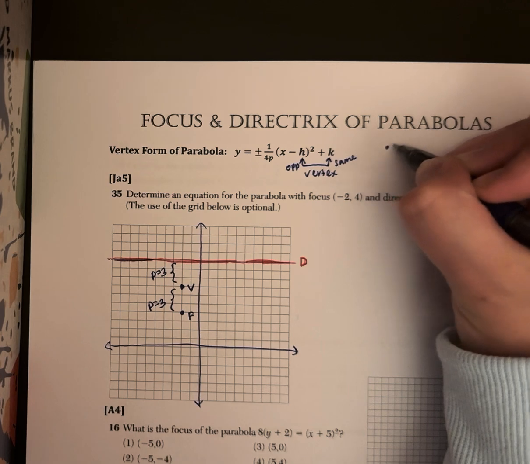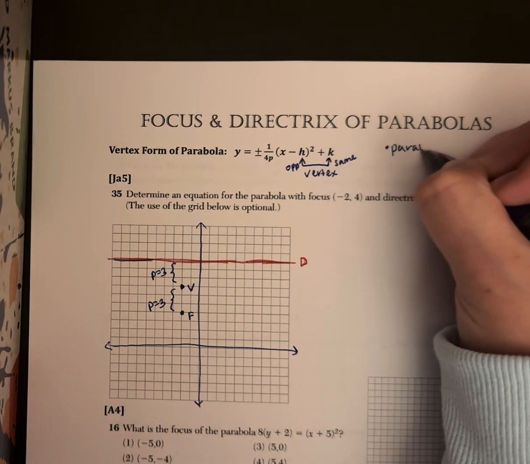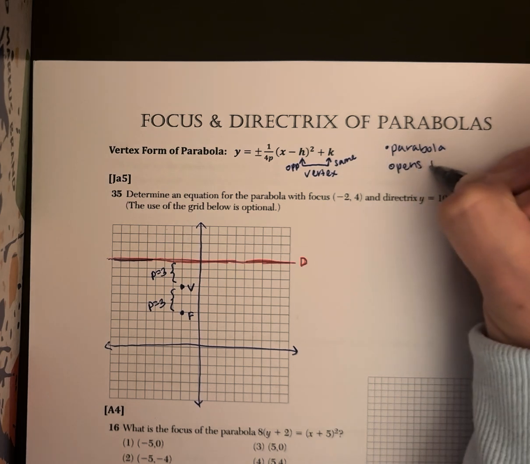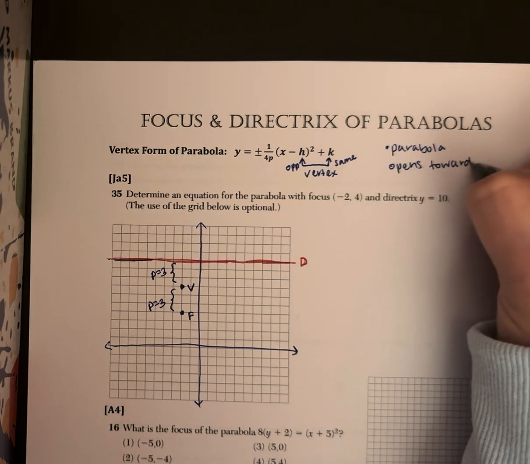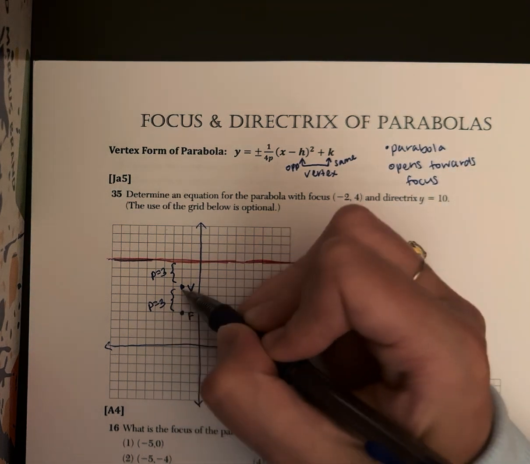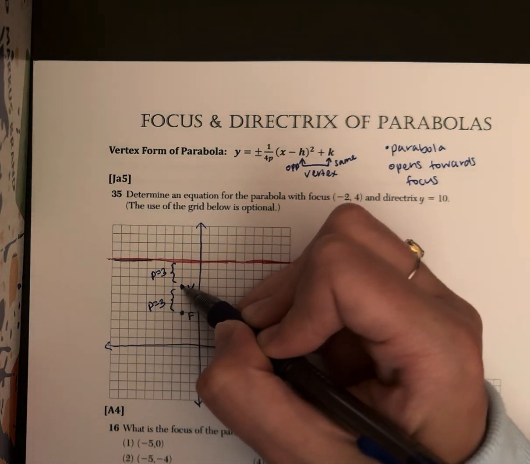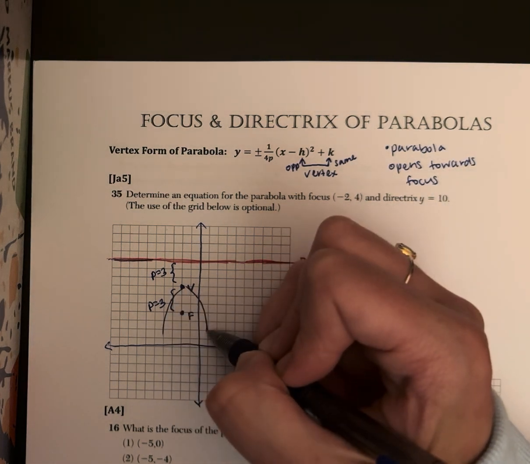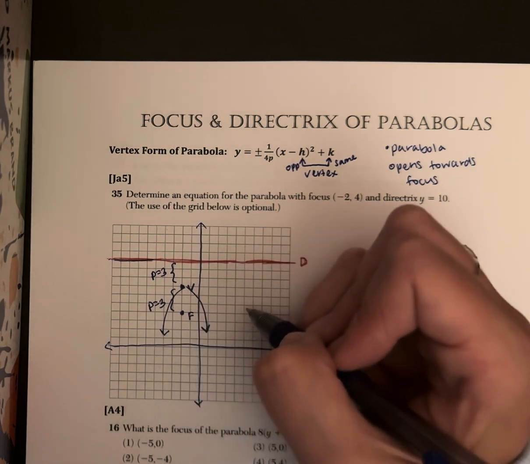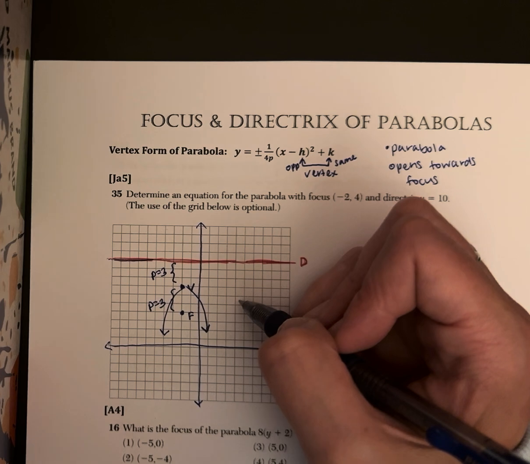Your parabola opens toward the focus. So you're going to draw it off of the vertex, but it's going to open towards the focus like this. The only reason why you care about that is because you want to know if it points up or down.